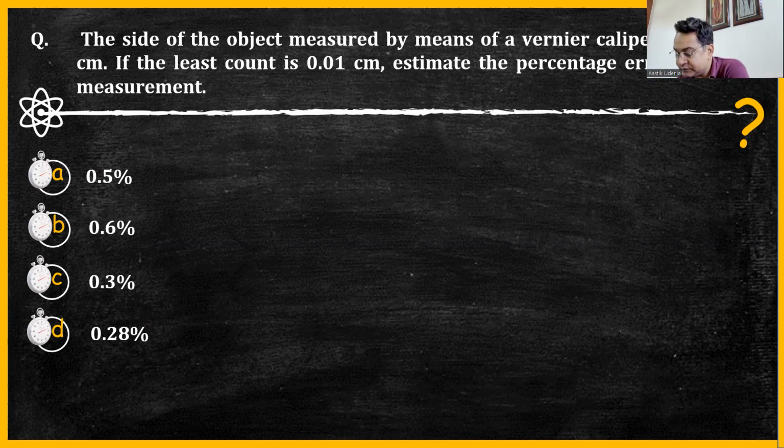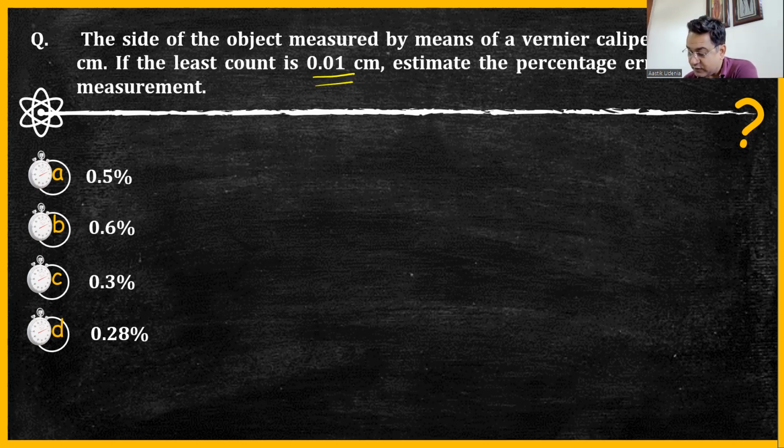Well, the measurement of the side is coming as 3.52 centimeters, and the least count of the instrument, the most precise measurement that the instrument can give us, is known as the least count. Do we remember what is least count? Yes, sir. That is 0.01 centimeter. Estimate the percentage error.